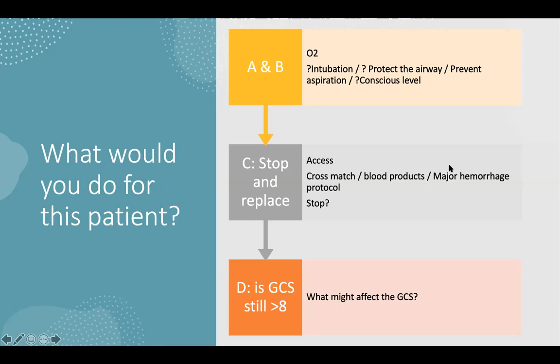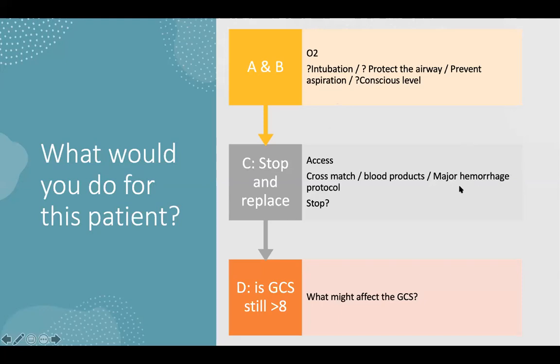When you go to C, you have to have access. You have 2 wide pore cannulas for this patient, and you send cross-matching and blood products. The idea with C is about shock, basically, and I'll speak about this in detail as well.